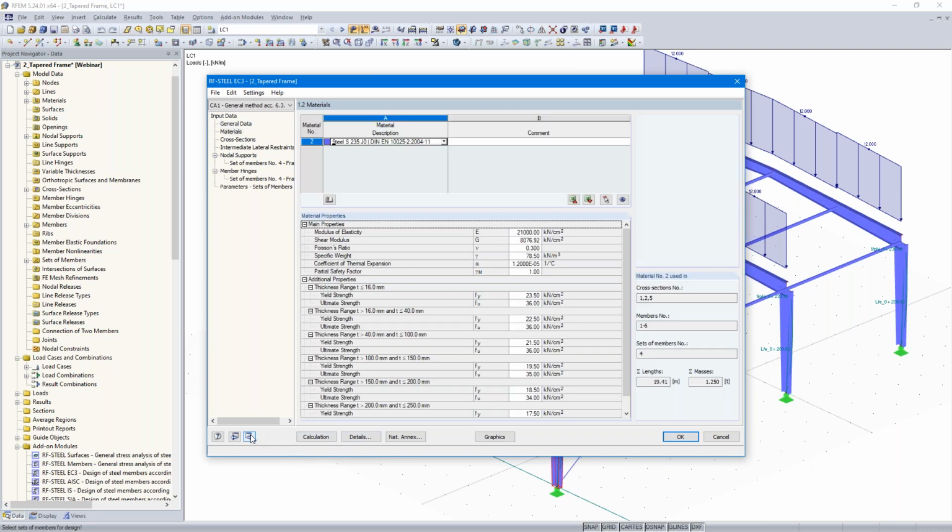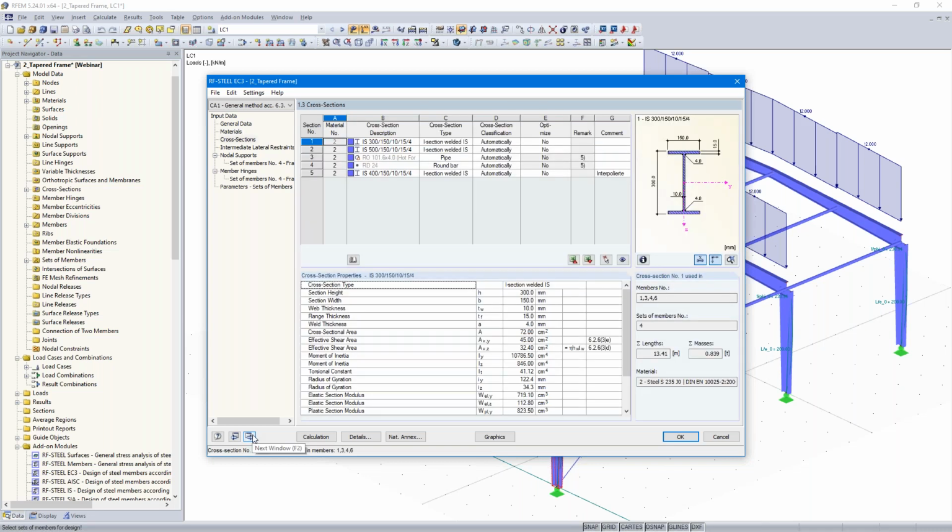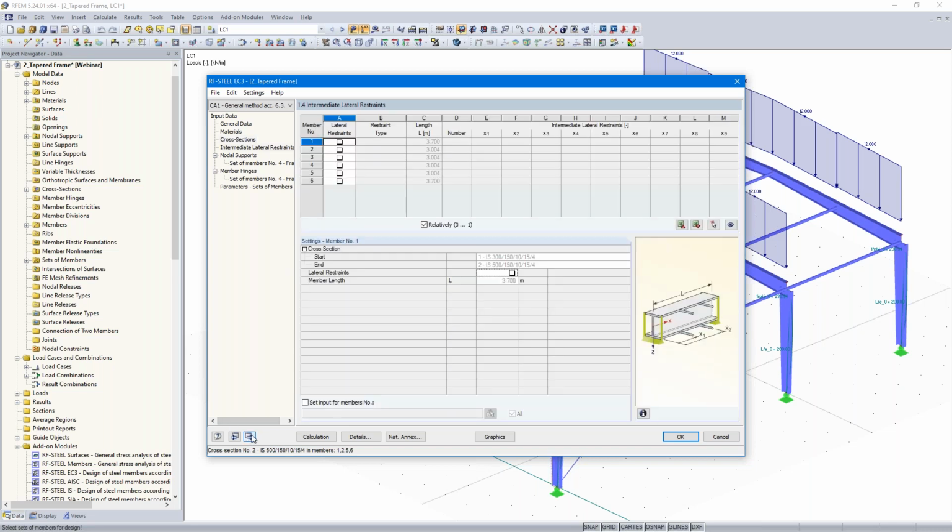Next, we can skip that again. Cross section. Now, as I mentioned, we have different cross sections: a height of 300 in the middle of the horizontal beam and at the column base, and at the edges of the frame, a height of 500 millimeters. Okay, next dialog, we can also skip that.